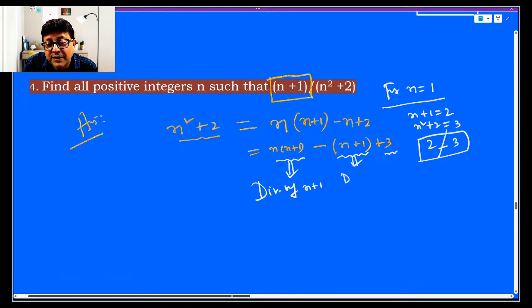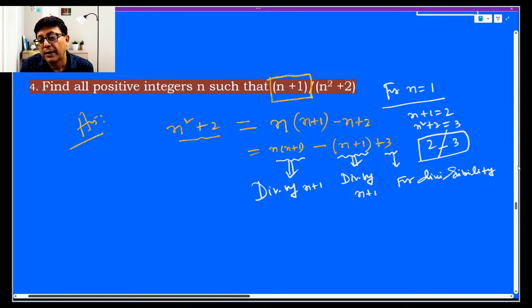This thing is also divisible by n plus 1. Then for divisibility, if n plus 1 divides the whole thing, n square plus 2, this part must be divisible by n plus 1. So for divisibility, n plus 1 must divide 3.